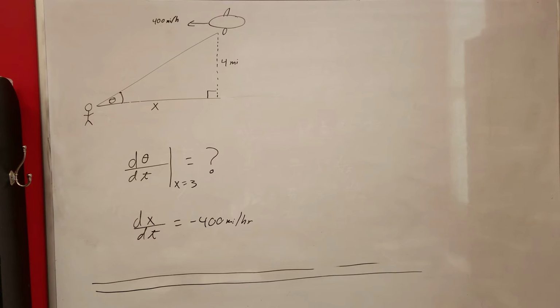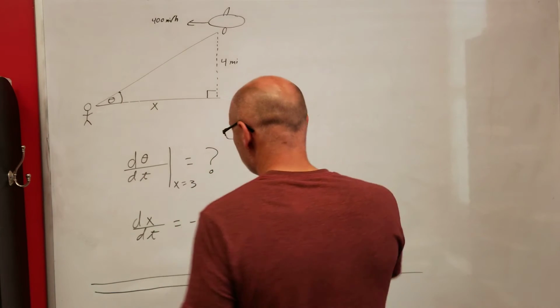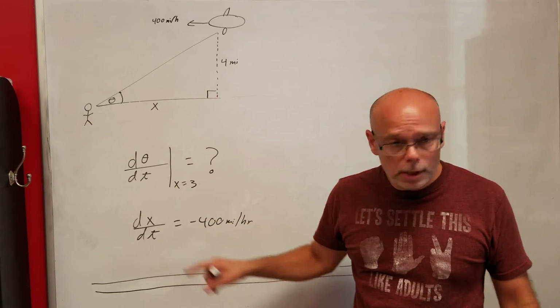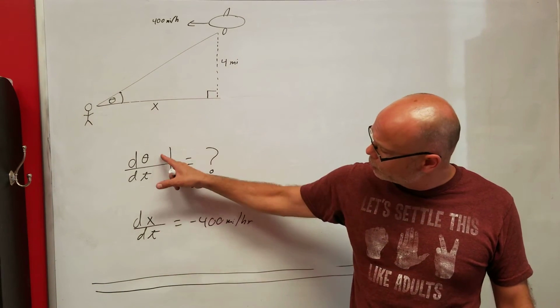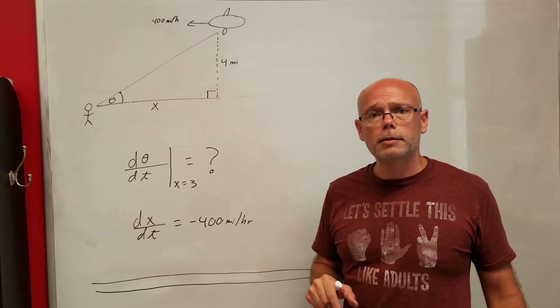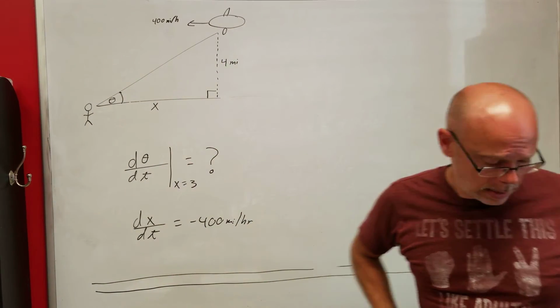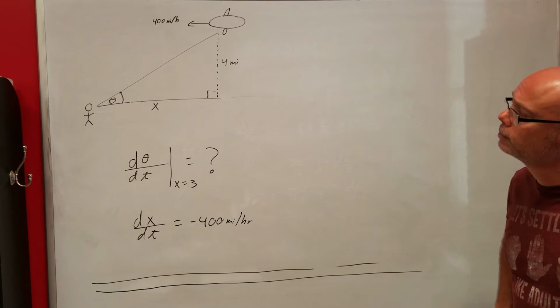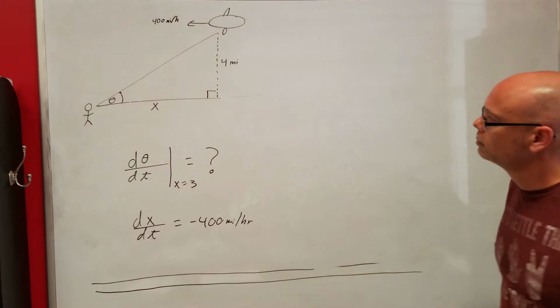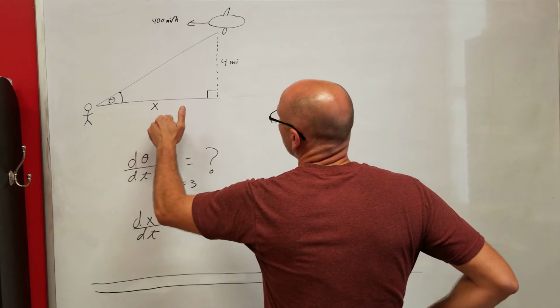All right, so what do I need here? I need to take the derivative of an equation with respect to t, right? That equation, I want to have theta and x in it. Look at your triangle here and find an equation with theta and with x.